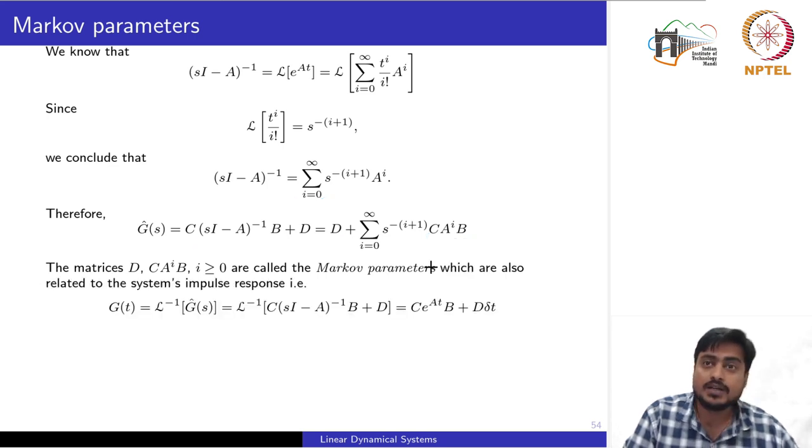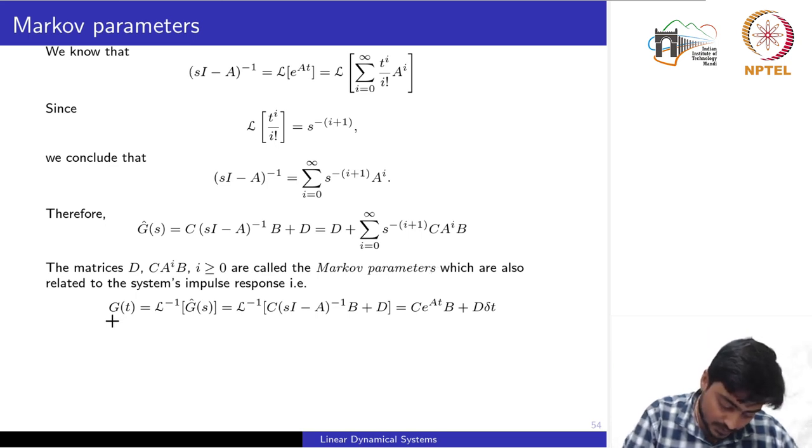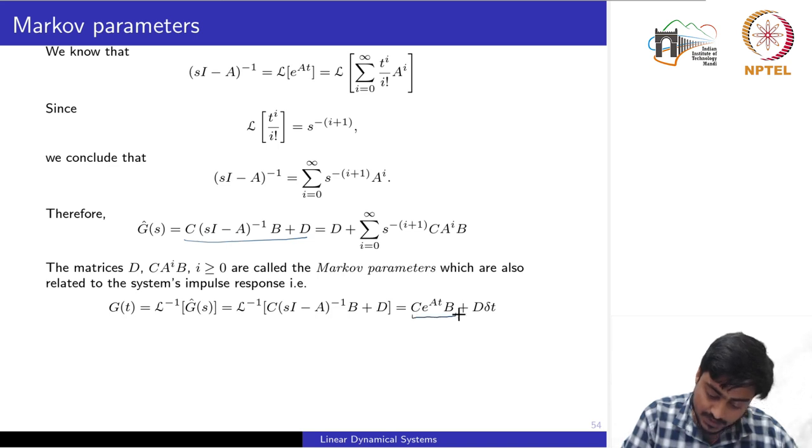Now these Markov parameters we can also relate to the impulse response of the system. We know that g(t) is given by the Laplace inverse of G hat. If I replace G hat by this part, I would get this, and C(sI − A)^(-1)B can be represented by C e^(At) B plus D delta(t).